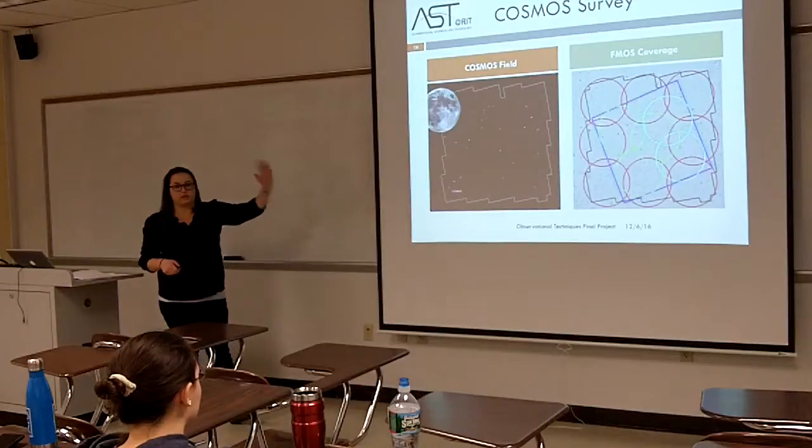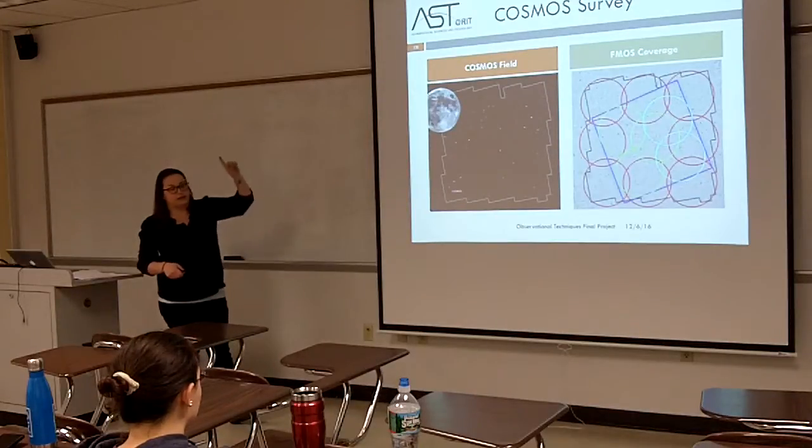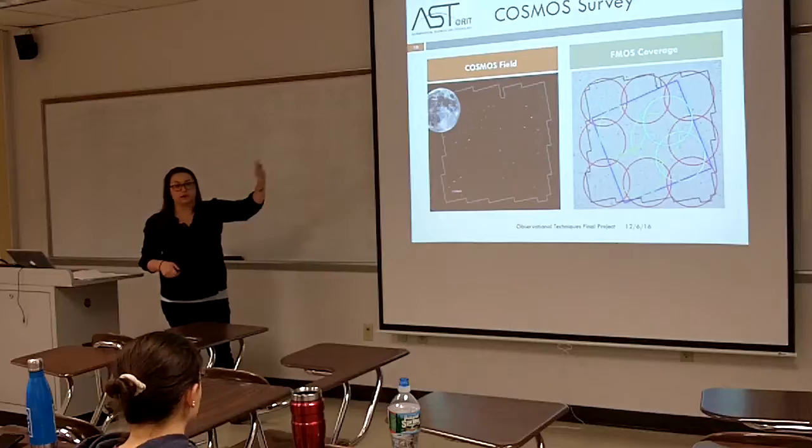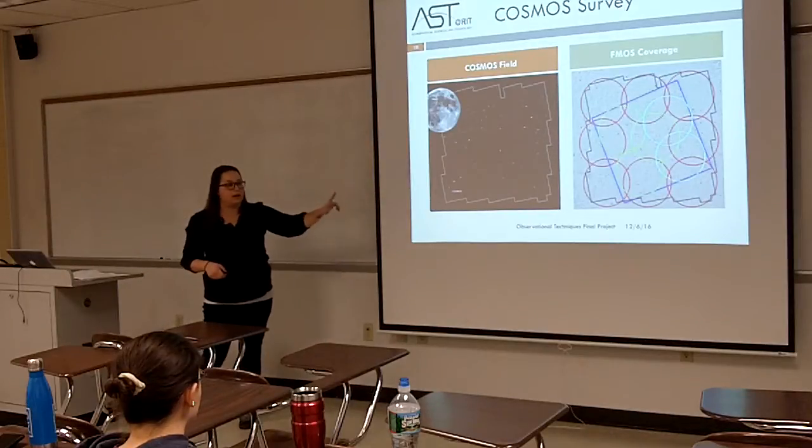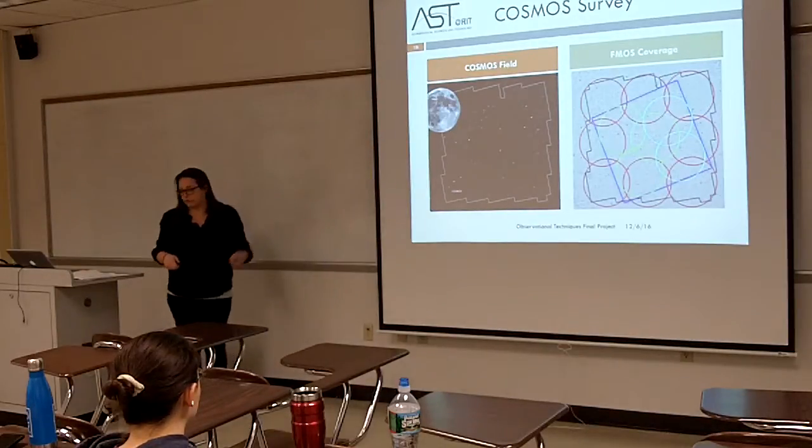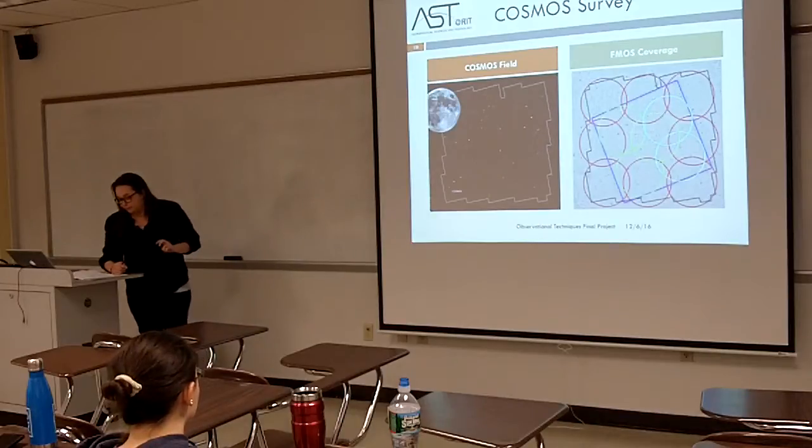And like I said, they have much more data than just this data. In the main survey, I actually used their X-ray coverage as well, which covers the whole area, and their IR coverage, but we'll talk about that later.